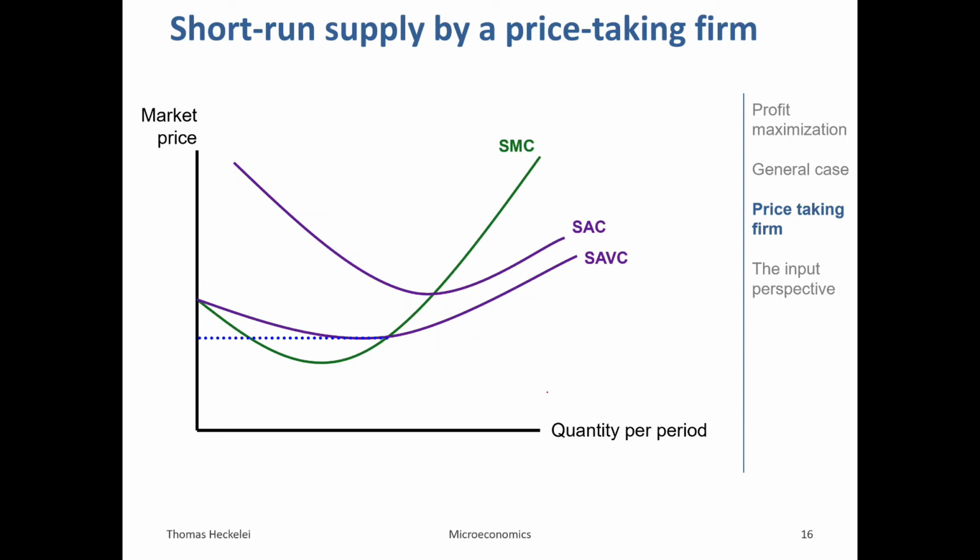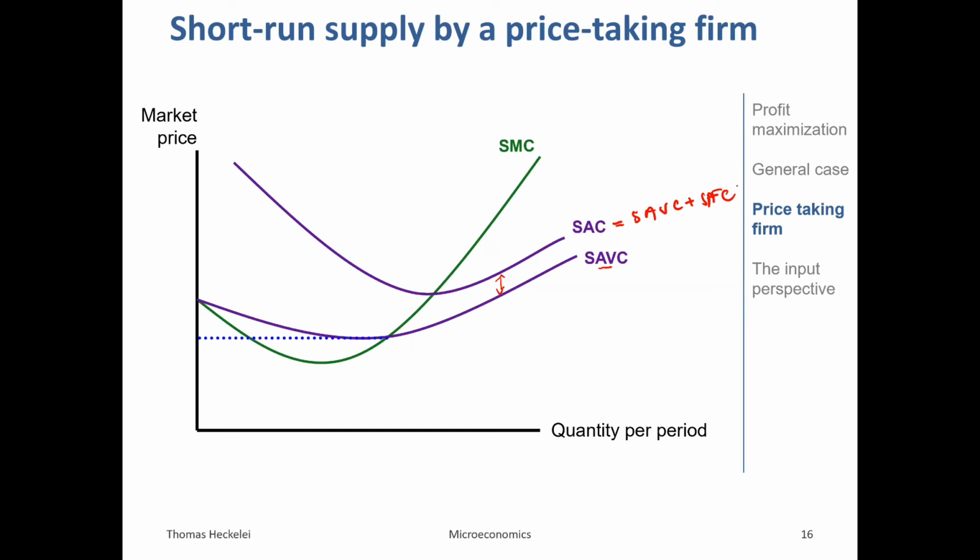One thing to note before we go is there's a gap between the short-run average cost, the SAC, and the SAVC. What is that? Of course, that's the fixed cost, right? The short-run average variable cost is only part of the cost, so SAC equals SAVC plus SAFC, and that's why there's a gap.